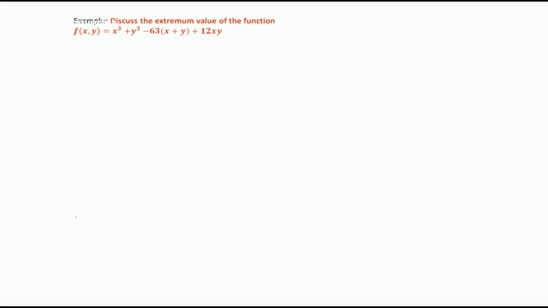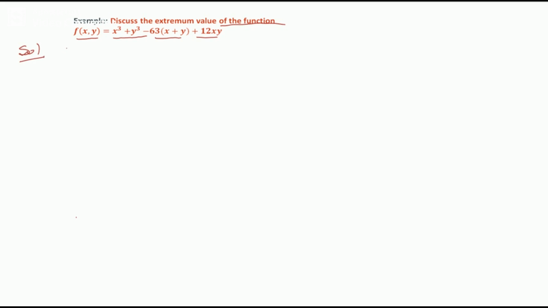Now discuss the extremum value of the function f(x,y) is equal to x cube plus y cube minus 63x plus 12xy. To discuss the extremum value, meaning the maximum or minimum value, the first step is to find the partial derivatives.